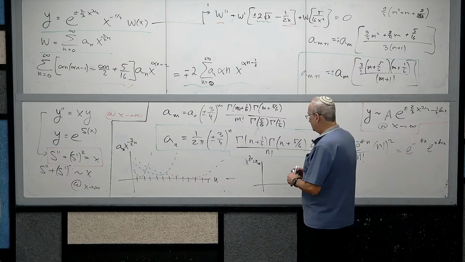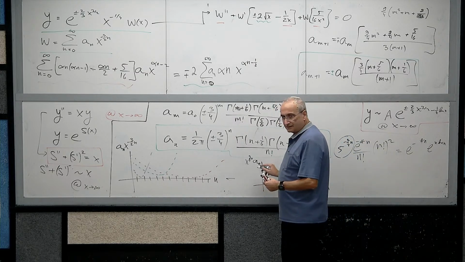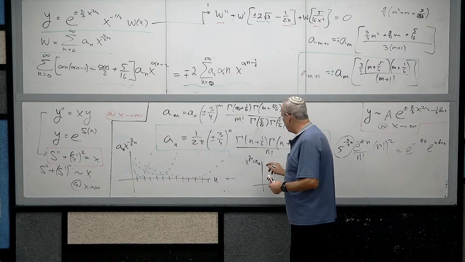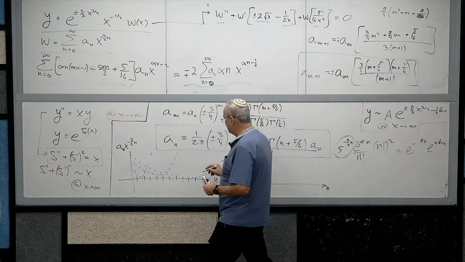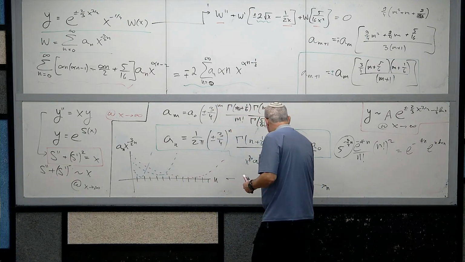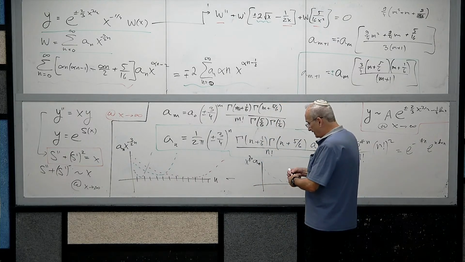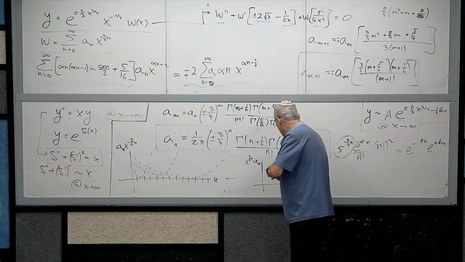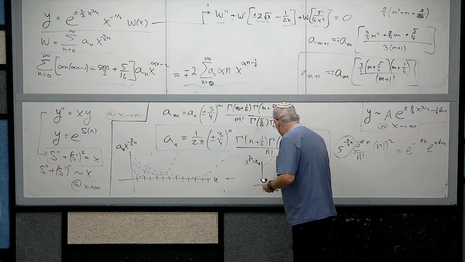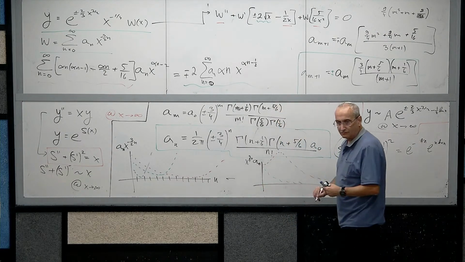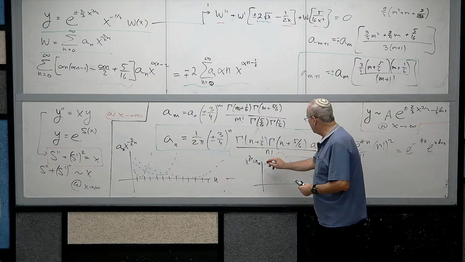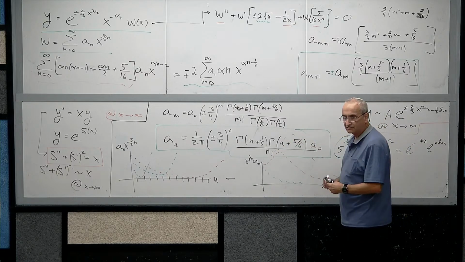So in this case, when x was small, it went like that, right? If I've chosen x large, then maybe it goes up at the beginning, but then down. And if x is even larger, then it goes like that, and so on and so forth.